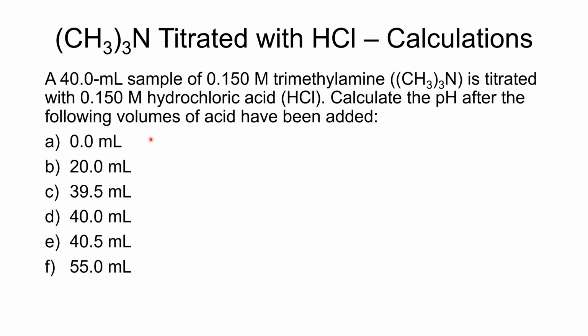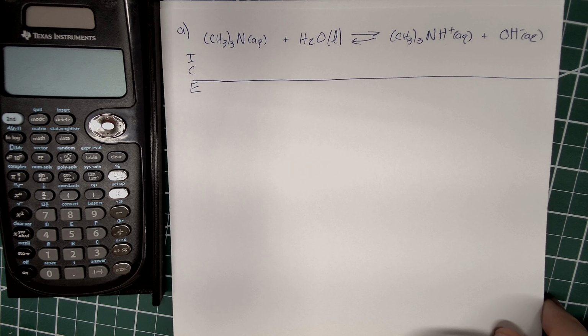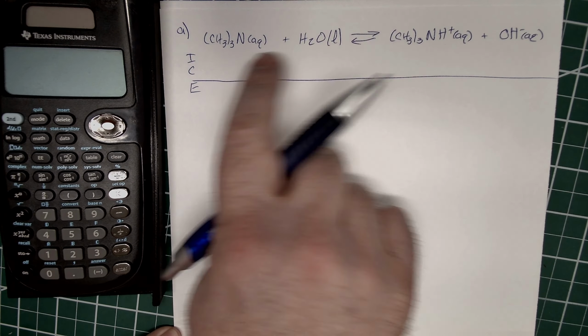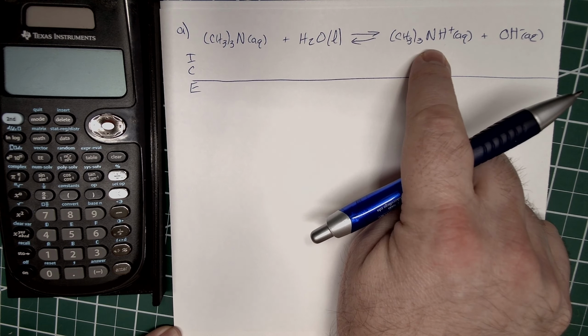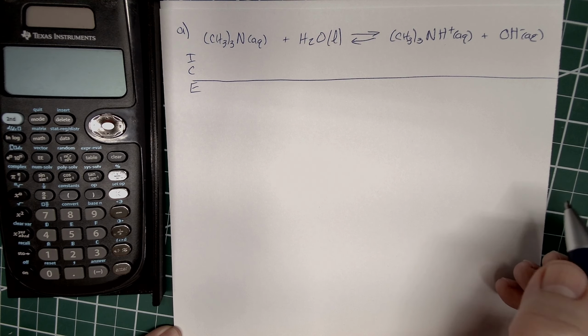The first one, as I mentioned, is before we've added any of the HCl. So all we have is our weak base, trimethylamine. So I've set up the concentration table for trimethylamine dissociating in water to give us trimethylammonium plus hydroxide ion.